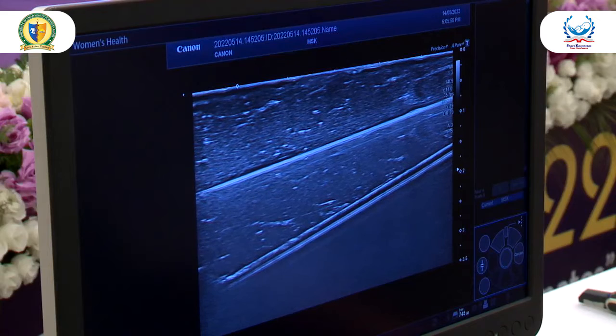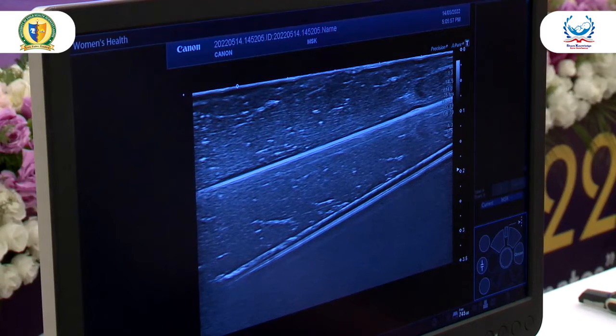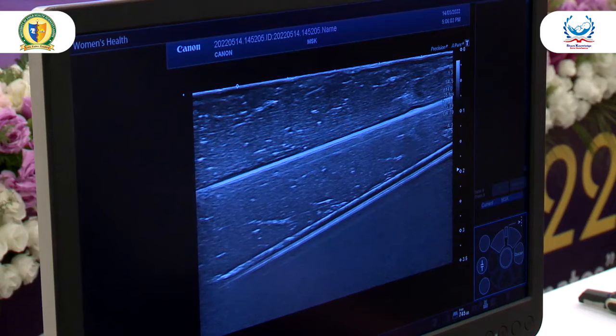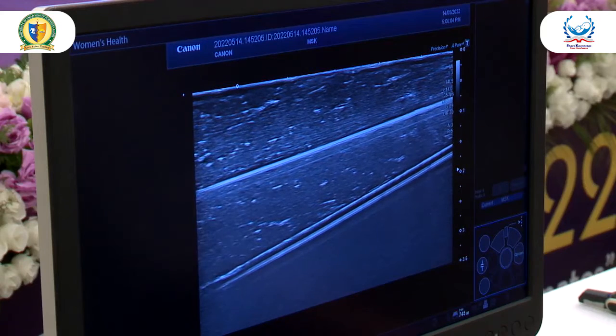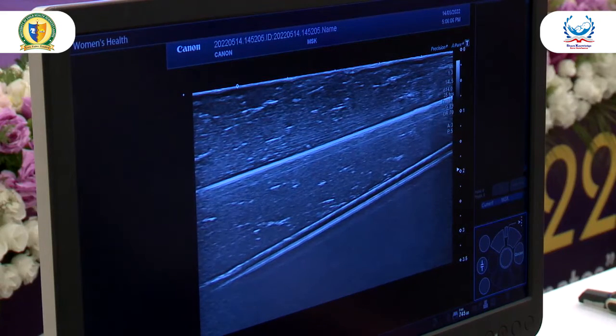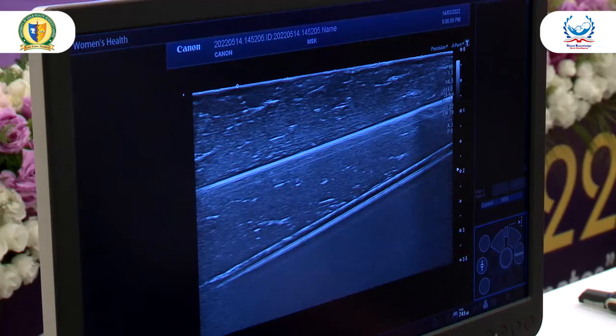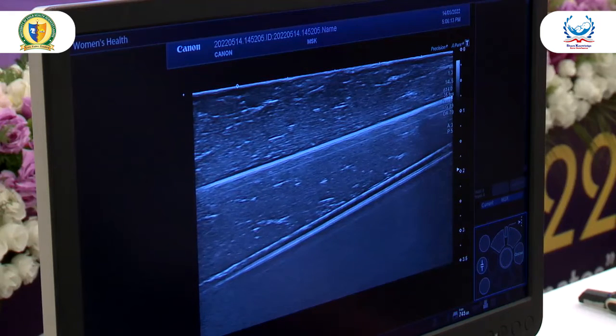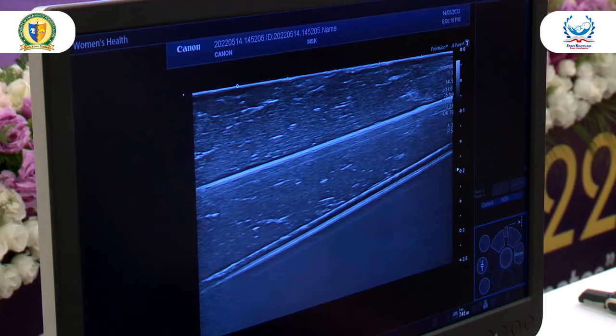Most of the new ultrasound machines have needle enhancers in them. You just press a button on the machine and with that the machine will show you the needle track with more clarity. If you appreciate, this is the way we can see the needle moving in and out in plane in the whole length.